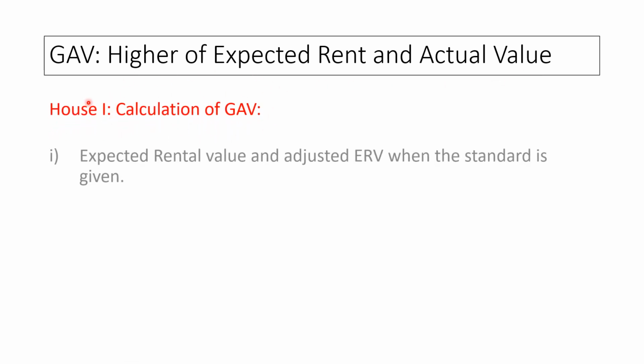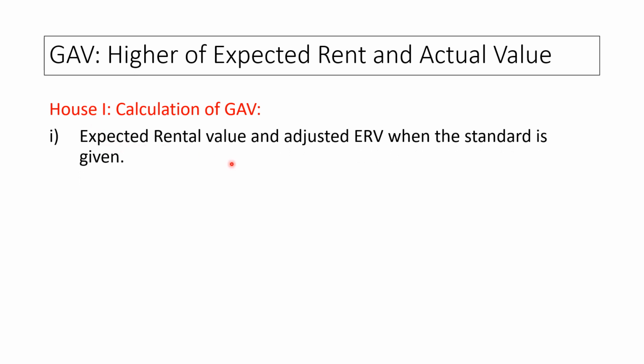So here first let us see what is GAV: higher of expected rent and actual value. This contains the calculation of GAV. Now let's see expected rental value and adjusted ERV when standard rent is given.